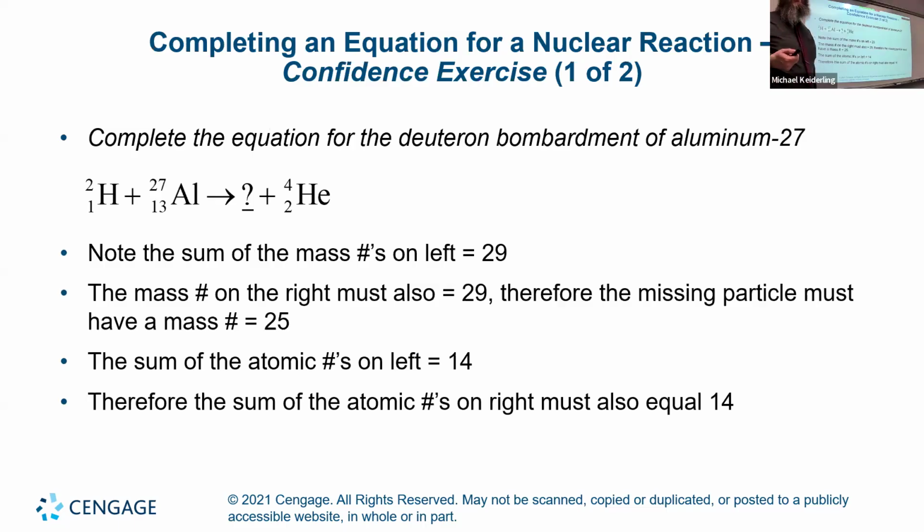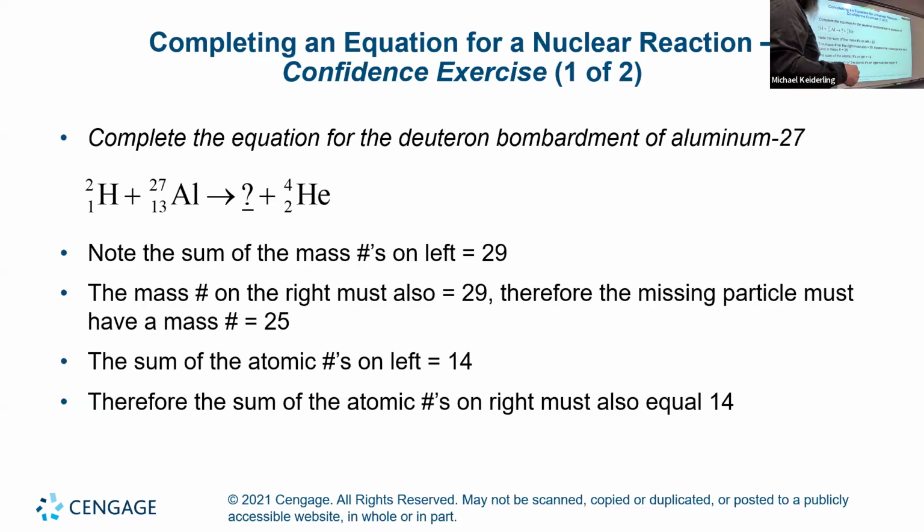And here this is the deuteron bombardment of aluminum-27. We shoot a deuteron into aluminum-27. That creates something new and spits out a helium nucleus. So the sum of the masses on the left is 29. So the sum of the masses on the right must also be 29. So the missing particle has a mass of 25.